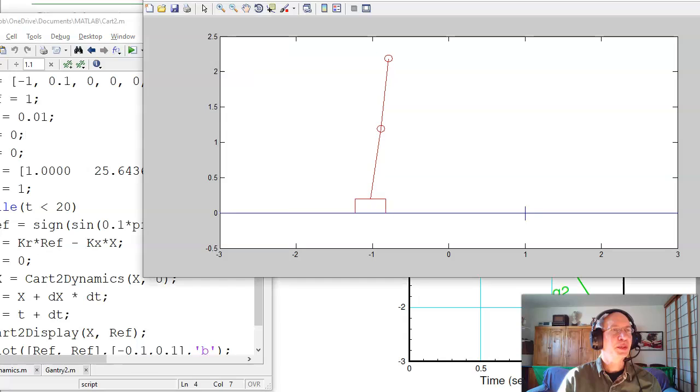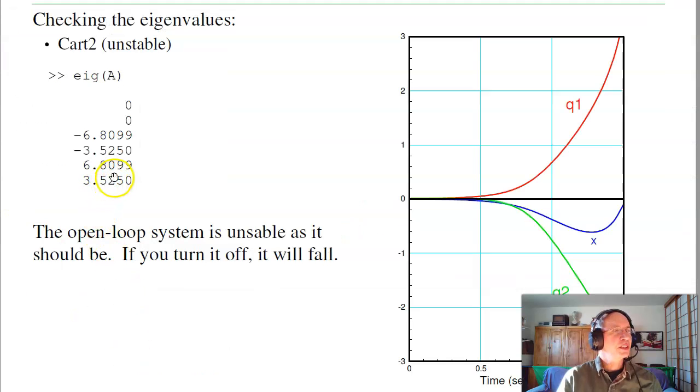If I simulate the double pendulum with no input, it falls down. And the eigenvalues tell you how fast it falls. One of the poles is at plus 6.8, so it actually falls pretty fast, as e to the 6.8 t.